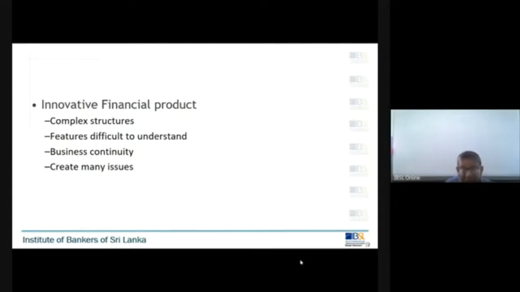As a result, a financial crisis took place. There are many reasons for the financial crisis in the world in 2010, but one of them is the introduction of innovative financial products like securitization. You need to understand that these may lead to financial crisis.